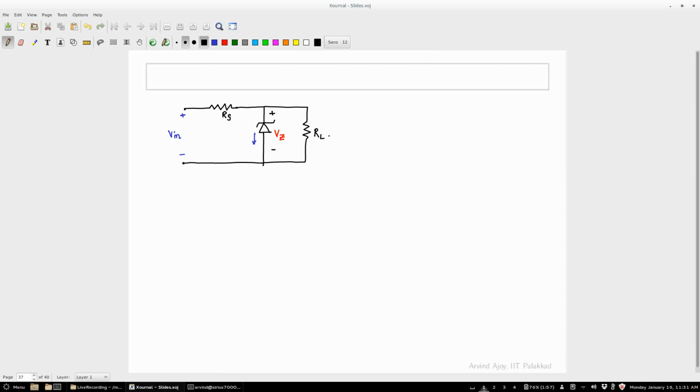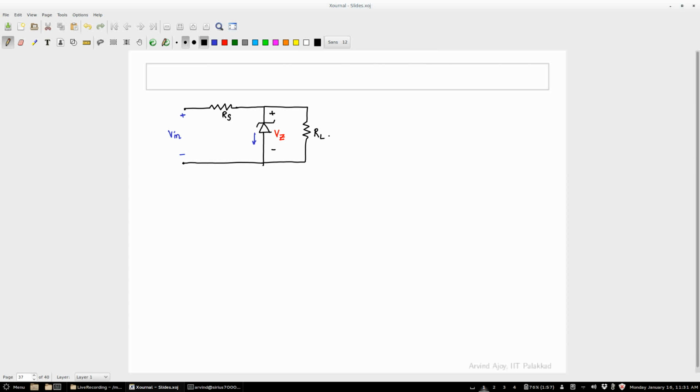Okay. All right. And now your load connects there. Okay. So what are the parameters that you have to work with here?